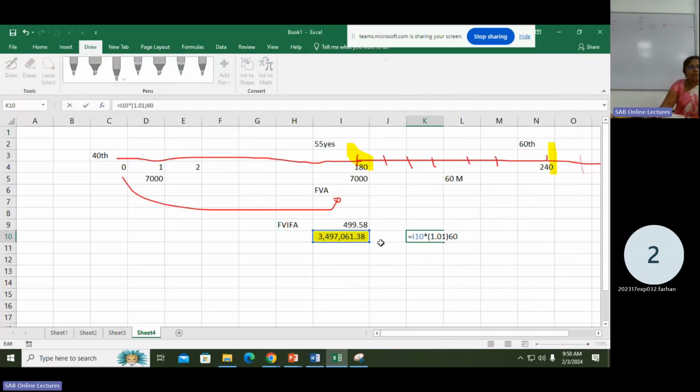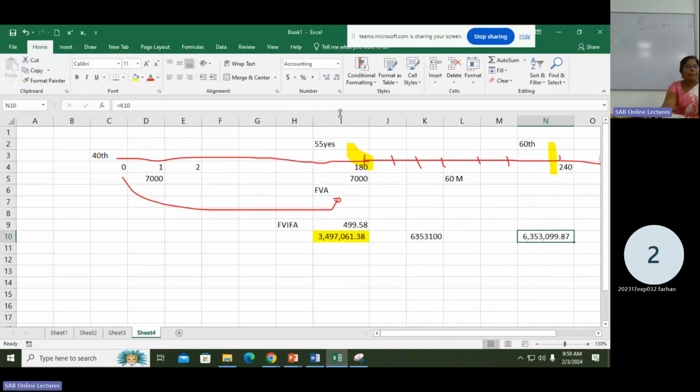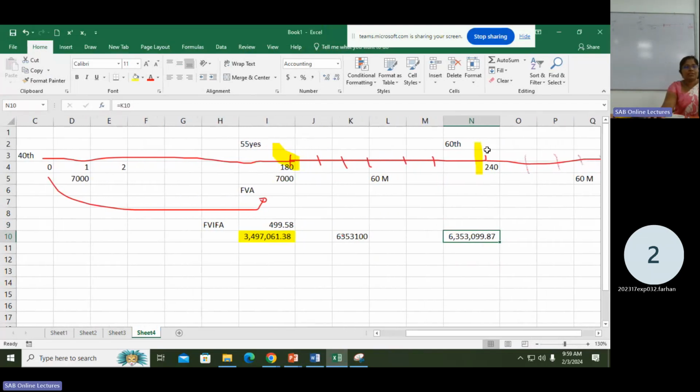So this 3,497,061 times 1.01 to the power 60, then you will have this much: 6.3 million. When you reach the 60th birthday you will have 6,353,099.